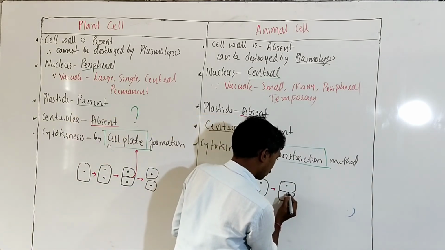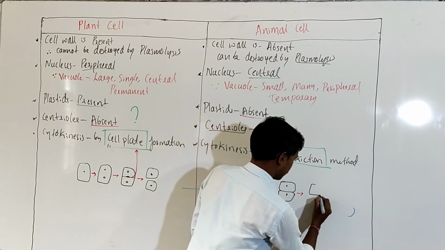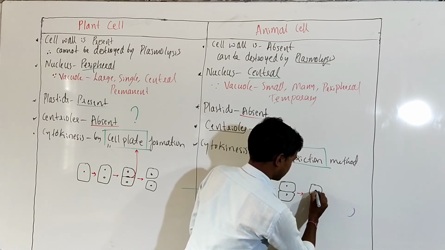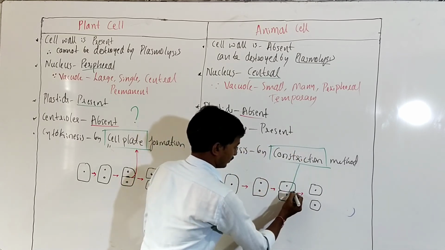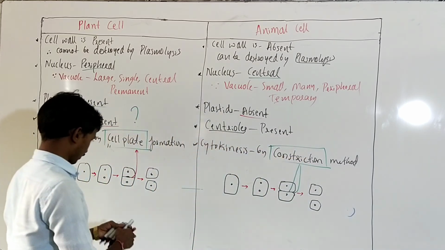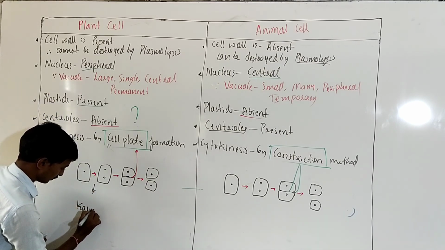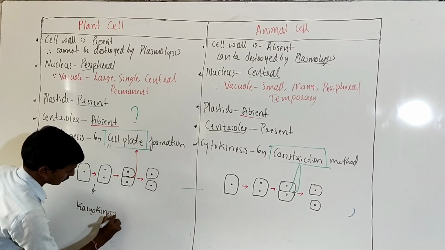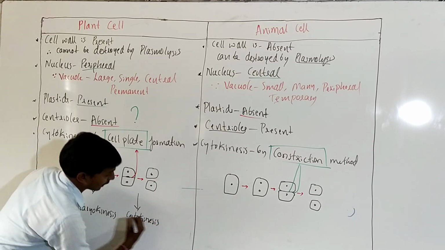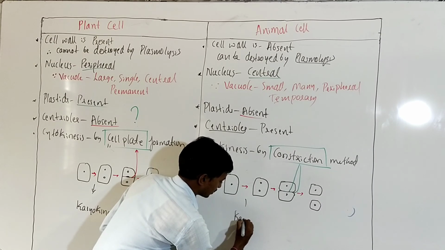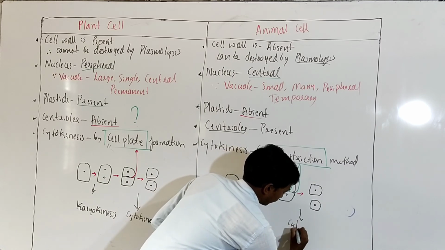Later on it undergoes deepening, lastly dividing into two daughter cells. So this is known as constriction. This is karyokinesis, and this is cytokinesis.